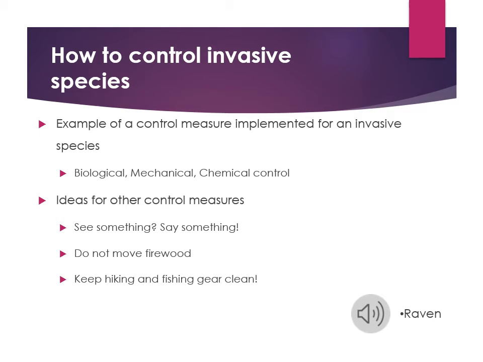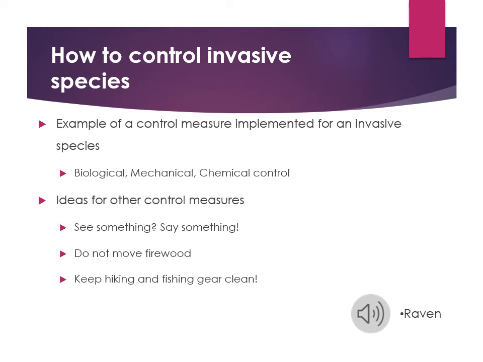To control invasive species, there are some examples of control measures that have been implemented by humans. There are three different ones: biological, mechanical, and chemical control mechanisms. Biological control is the intentional manipulation of natural enemies by humans for the purpose of controlling pests.